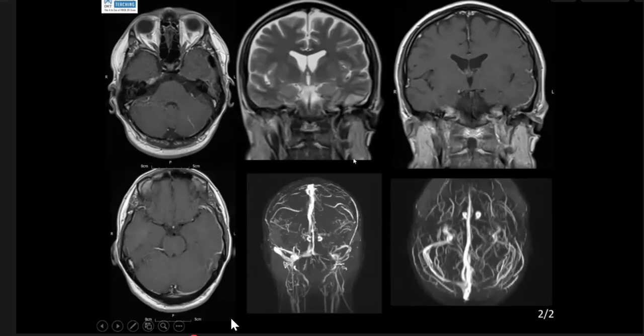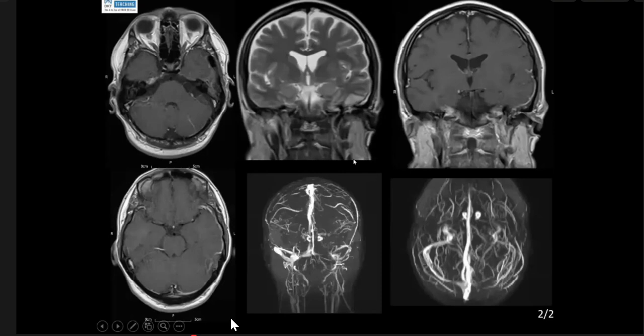So, looking at the MR images, especially the T1 post-contrast image, there is enhancement of, I believe, the meninges around the left temporal lobe, and there appears to be a filling defect on the MRA images, filling defects of the transverse sinus.